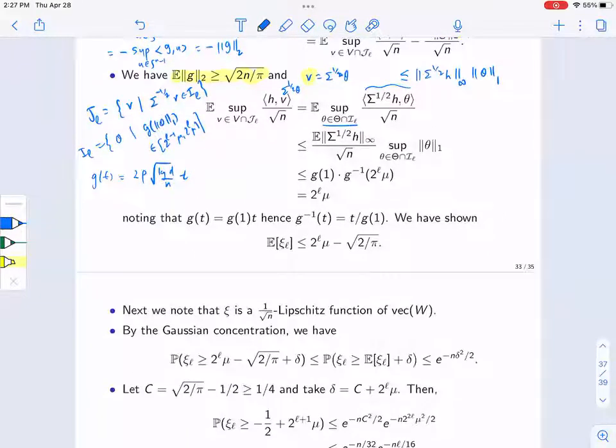So on IL, norm theta 1 would be in G inverse 2L minus 1 mu, and because it's monotonic, G inverse 2L mu. So over that shell, theta 1 is bounded by G inverse 2L mu. So the supremum over this, I don't care about theta here, it's the G inverse 2L mu.